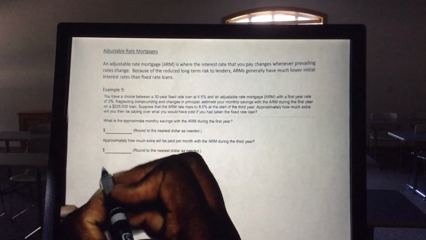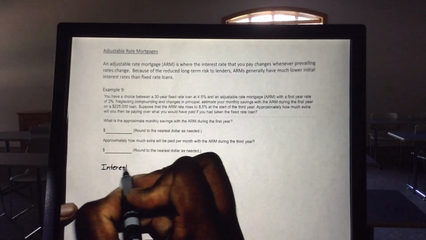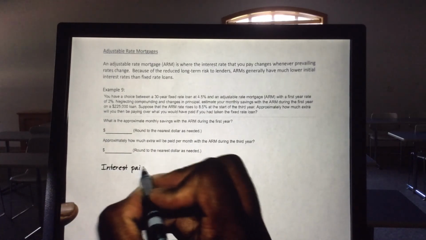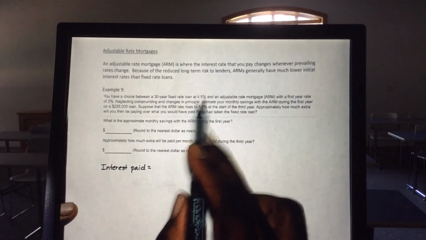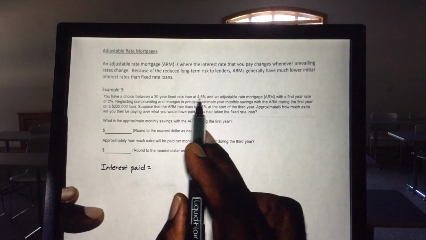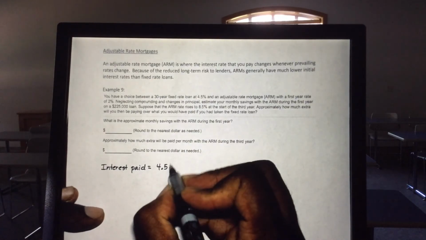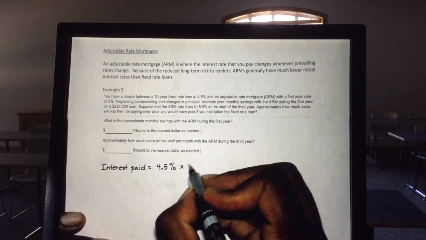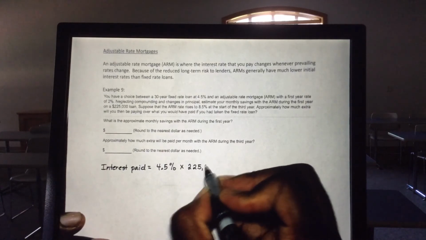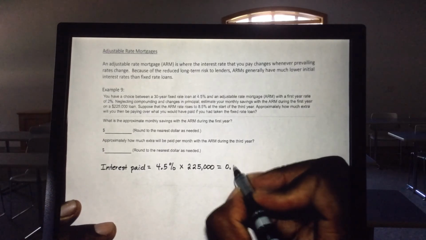Okay, to start that off, we need to find out the amount of interest paid. You're given a fixed rate loan at 4.5%. That's going to be 4.5% times the amount of the loan, which is $225,000. Now, 4.5% as a decimal will be 0.045.